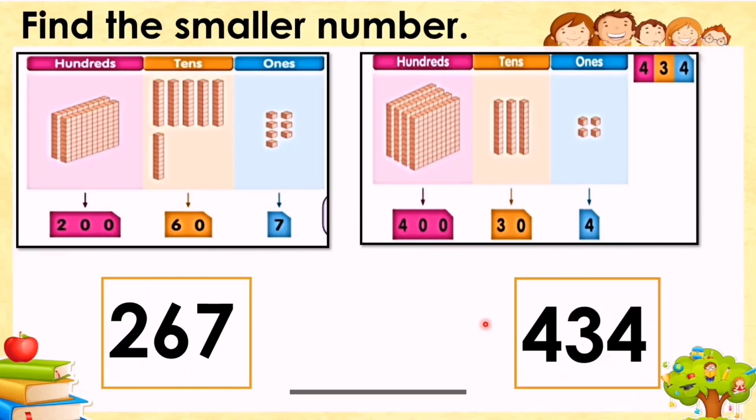So what should be the symbol here? Is it greater than or less than? The answer is less than. So again, the big mouth is for the bigger number, and the tip, this one is the tip, is facing the smaller number. So you are going to use the less than symbol here.